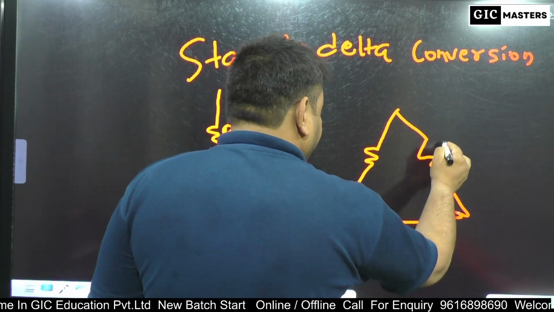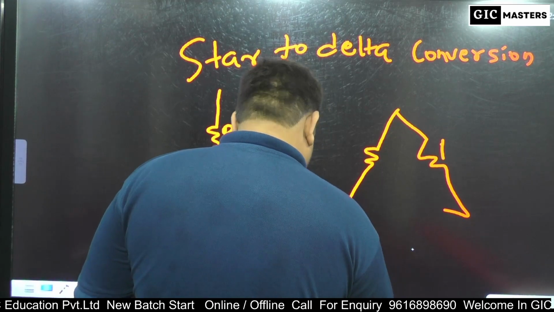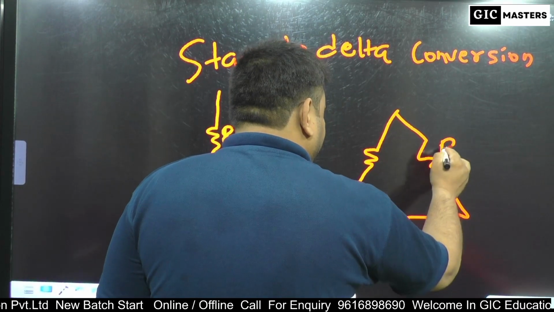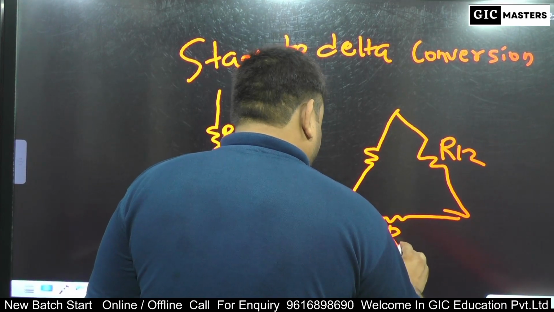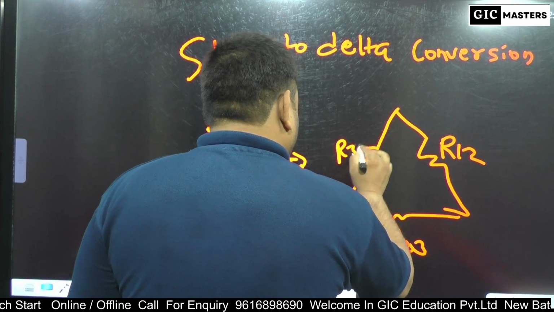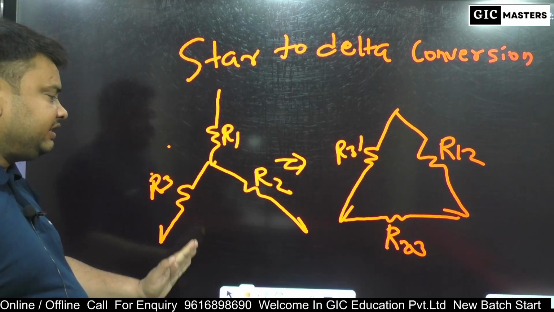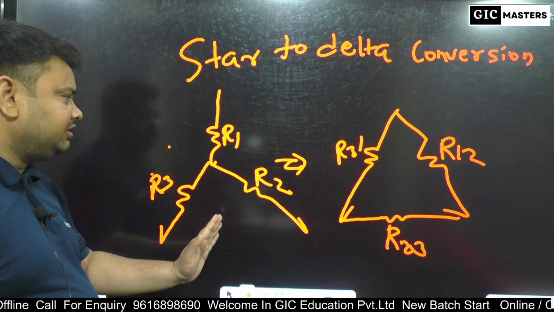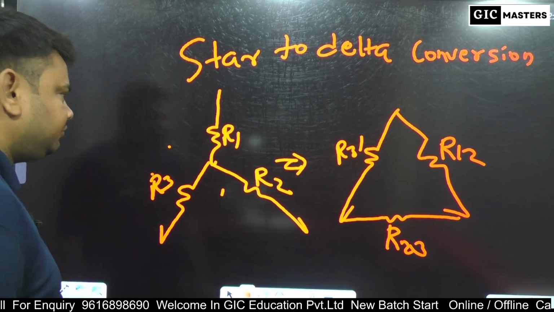These are the delta conversion. R3. These resistors are connected in star, but we convert this star connected resistor into a delta form.